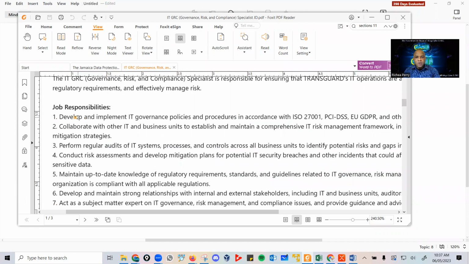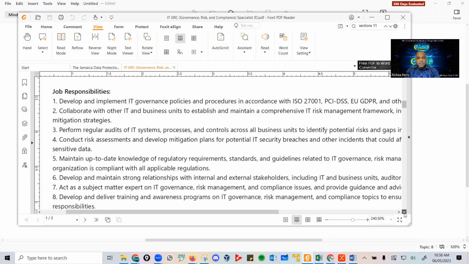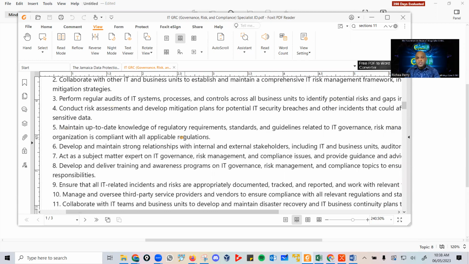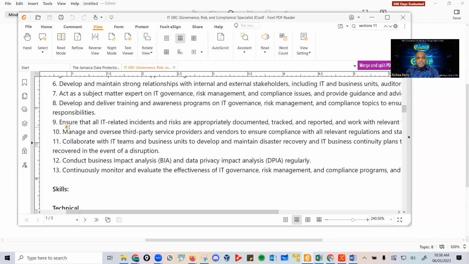In this case, it says develop and implement IT governance policies and procedures in accordance with ISO 27001, PCI DSS, collaborate with IT and business units, perform regular audits of IT systems, processes, and controls across all business units to identify potential risk, conduct risk assessments, and further down, maintain up-to-date knowledge of regulatory requirements, act as a subject matter expert on IT governance and risk management. It goes on to ensuring that all IT-related incidents and risks are appropriately documented, tracked, and reported.